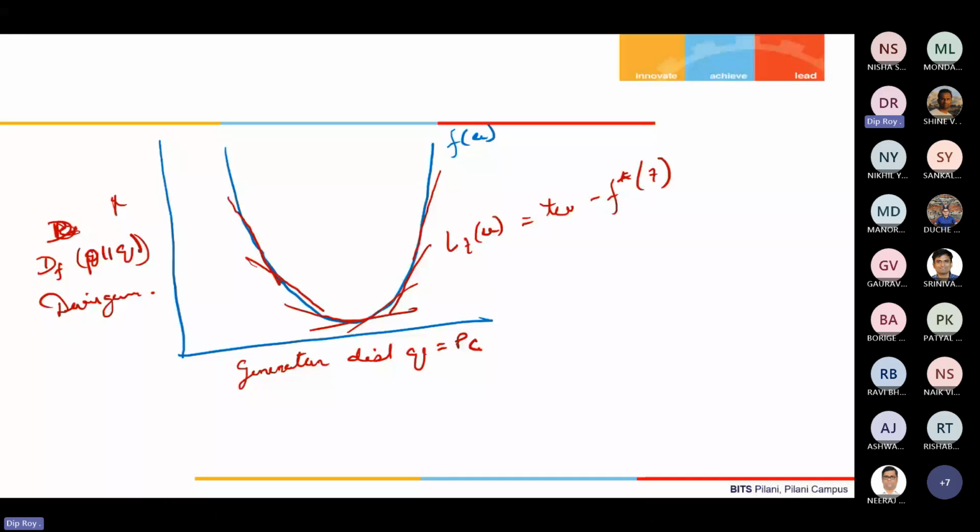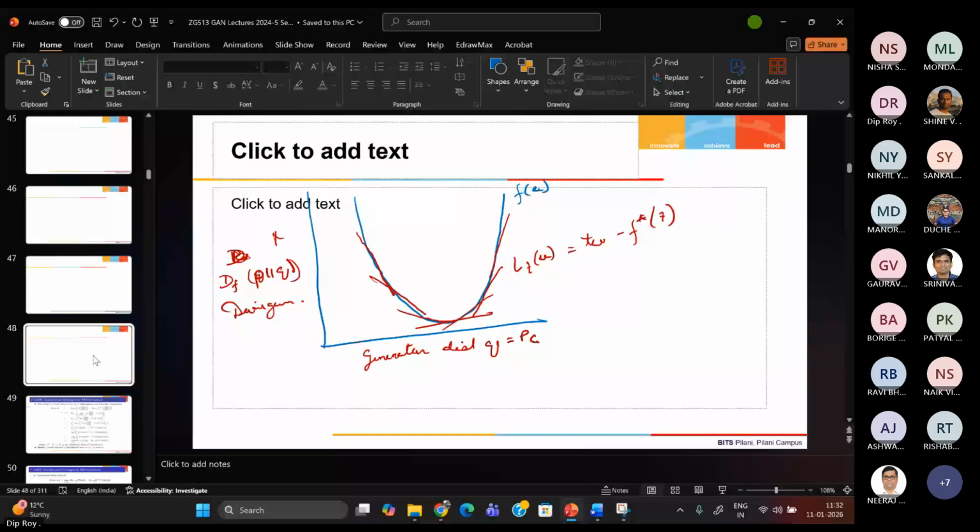Okay. So these two things are essentially fixed for your f and your p data. Now, let me get one more slide here. I'll come back to this page in a while.